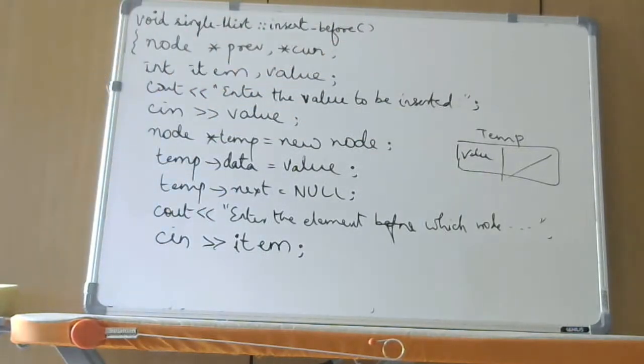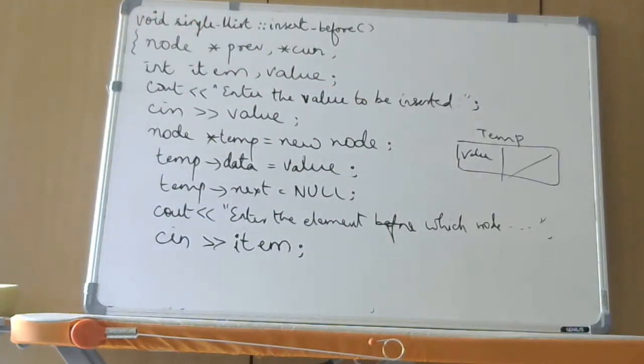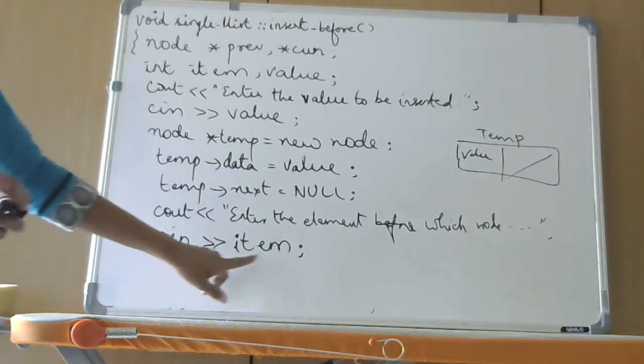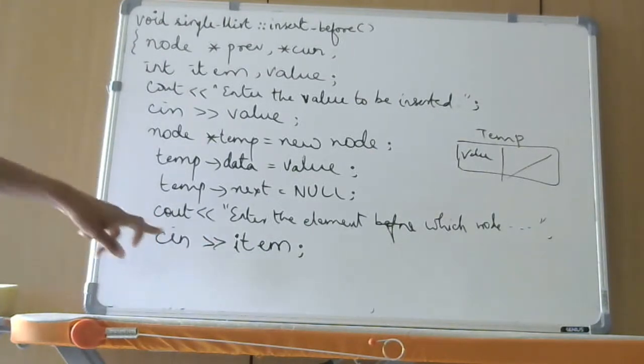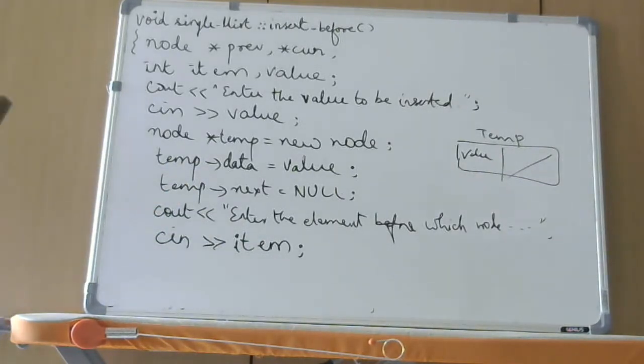So one single node which has to be inserted is now ready. Then I accept the element before which this node has to be inserted, and take it as item. Alright, this being the initial part of the code, let us see how the insertion can be done.